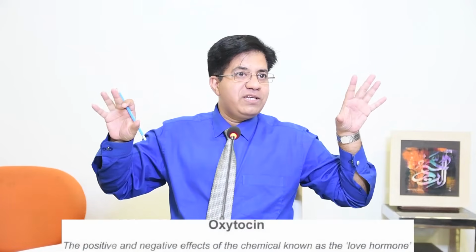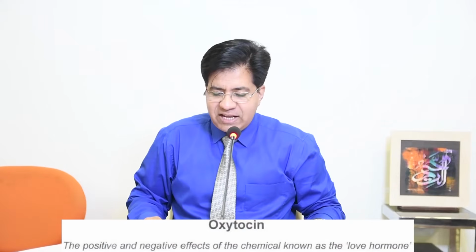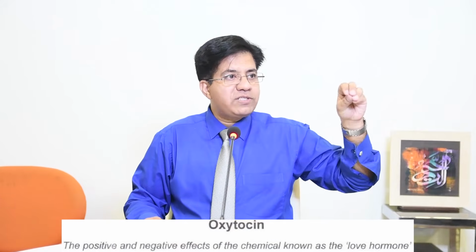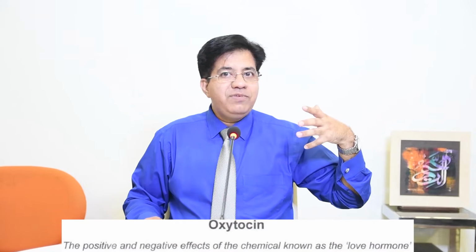All right, let's go on. Okay, oxytocin. Oxytocin is what? Now we don't know what oxytocin is. They have given a sentence there: the positive and negative effects of the chemical known as the love hormone. So oxytocin is a hormone which is created in our body when we are happy, when we enjoy something.